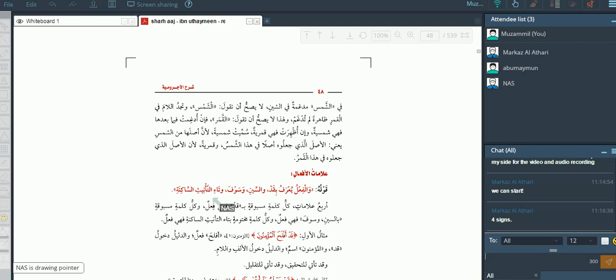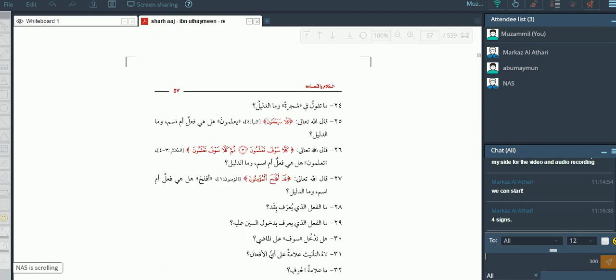A verb is known by the word قد and سين and سوف and تاء التأنيث الساكنة, the feminine ta, the one that makes a word mu'annath, which is the one that has a sukoon on it. Jayyid. So these are the alamat.